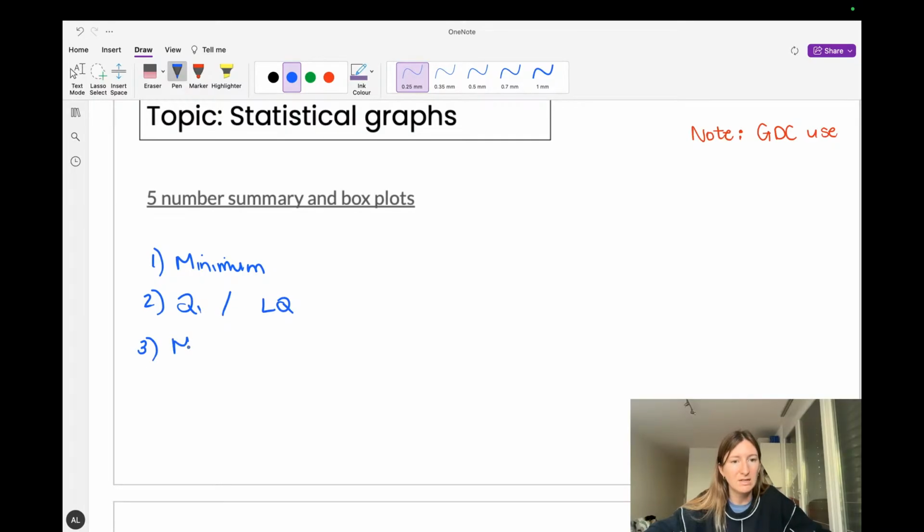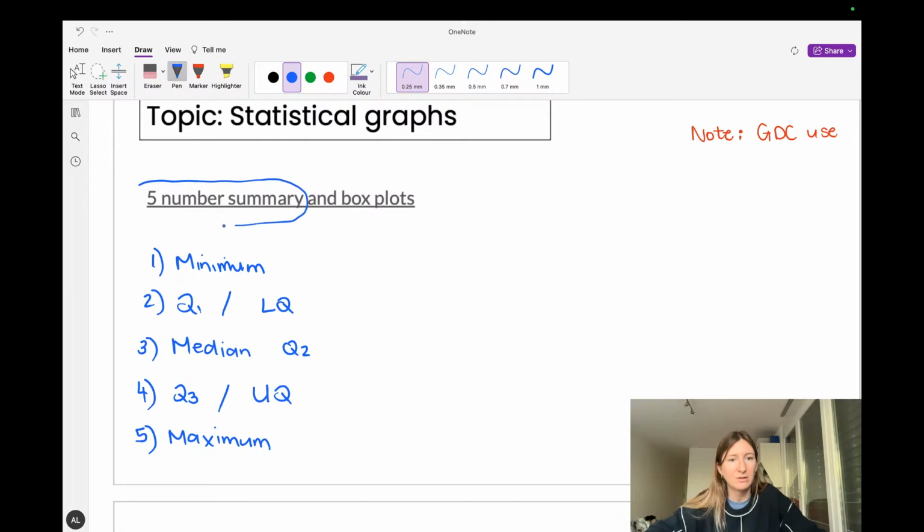That was your median, also known as quartile 2. It's one of the quartiles. Then your quartile 3, otherwise known as the upper quartile, and 5, your maximum. These are what we call the 5-number summary in order to draw the box plot.